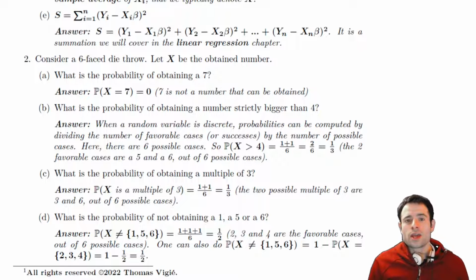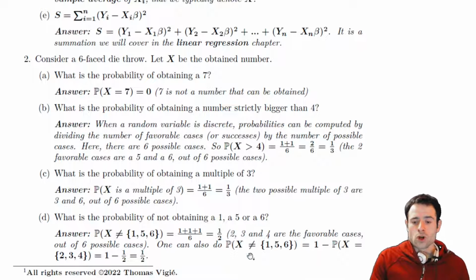Note that we can use the rules on probabilities, the rules on complements, to compute this probability by taking it the other way around. Instead of looking at what x should not be, we can do 1 minus what x can be.